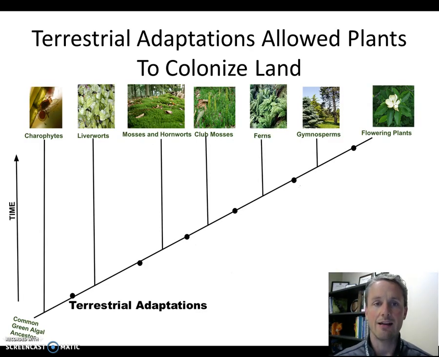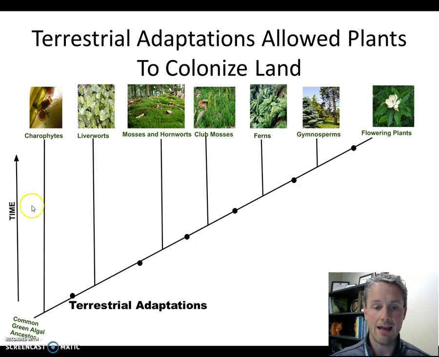So if we look at a phylogenetic tree of plants, we would have a tree like this. Up here from liverworts to the right, all the way to the flowering plants, these are all the land plants. And the group furthest to the left here, these charophytes, they are the aquatic ancestor of all plants.